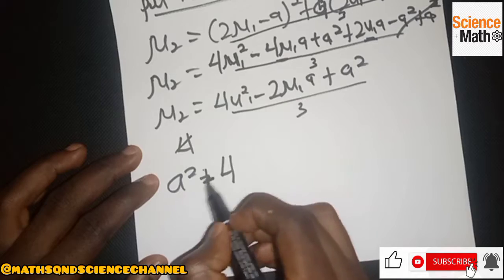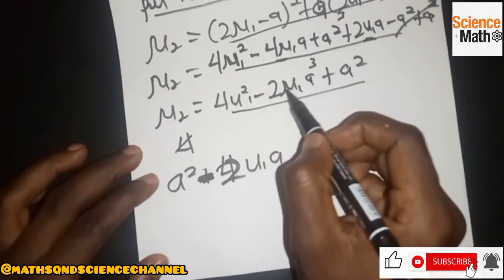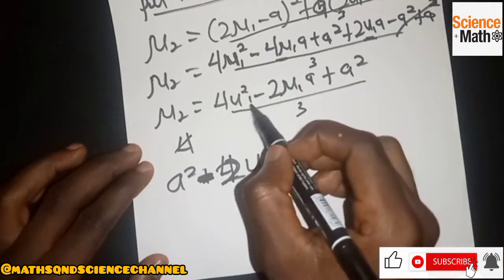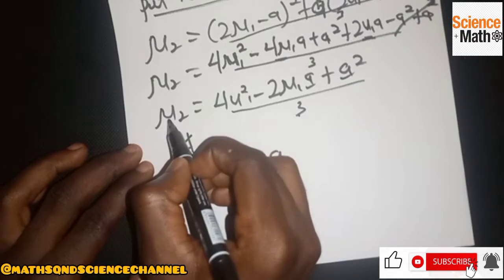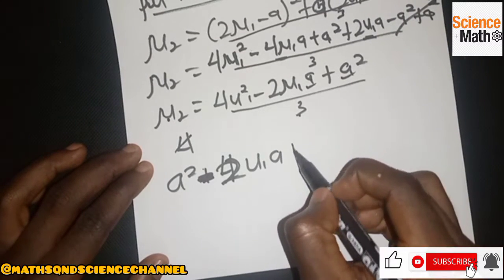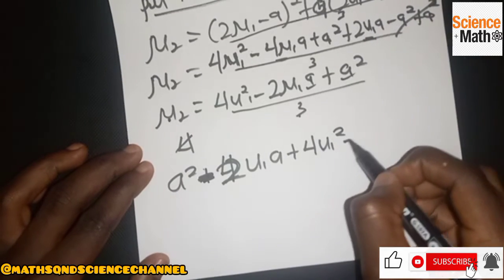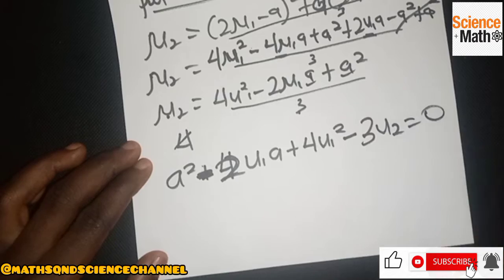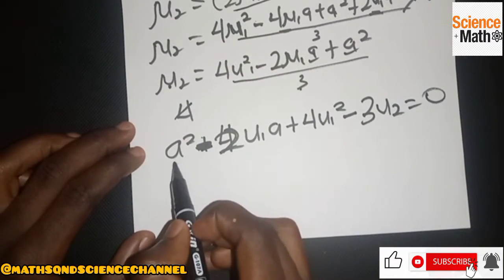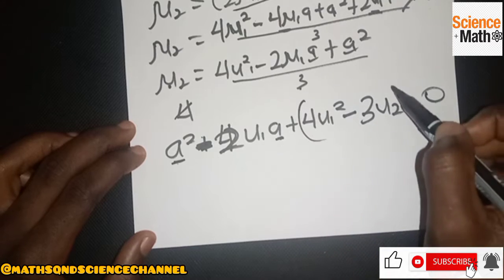The next one is negative 2 u1 a, and then what is left is this. Now this multiplies that, and then we have plus 4 u1 squared, and then this moves to the other side, so minus 3 u2, and all of this equal to 0. So realize that we have a squared here, and then a here, and then we have the c.